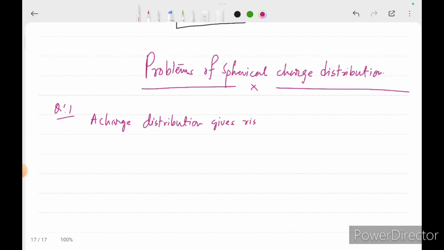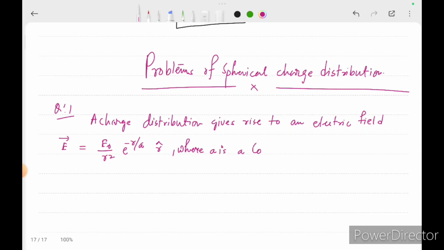gives rise to an electric field E vector equals E0 upon r square e to the power r upon a, r cap, where a is a constant.